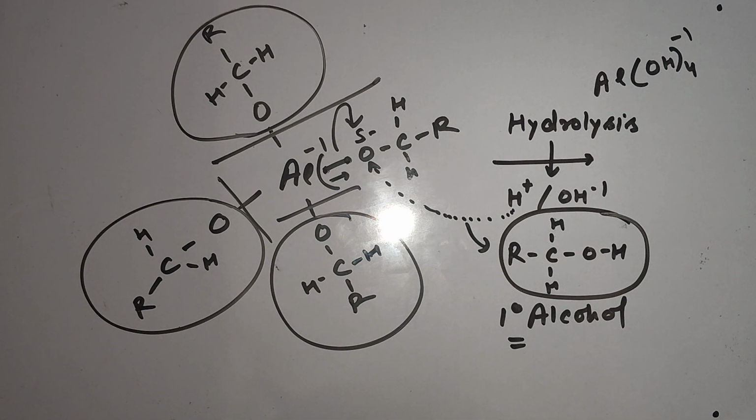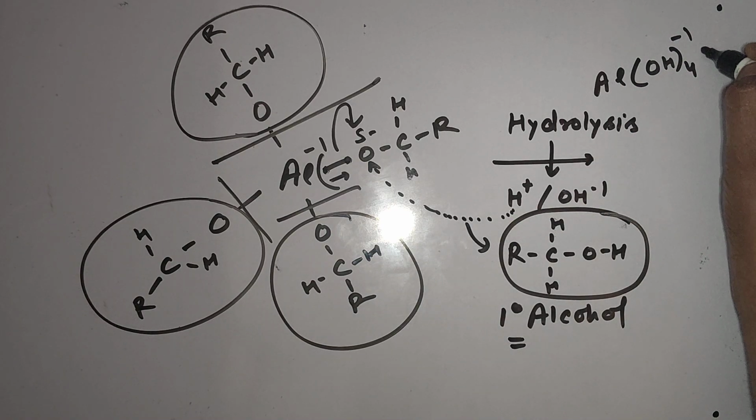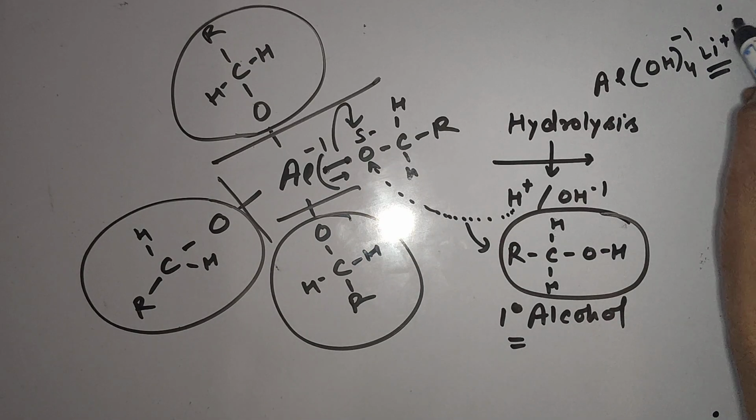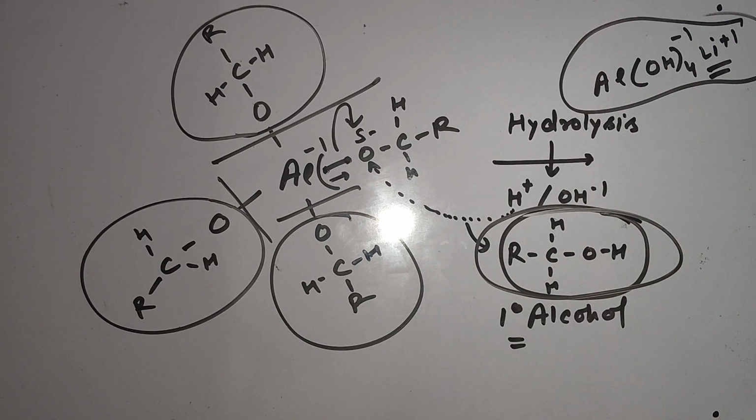This negative particle will be balanced by lithium positive. It is a side product. The main product will be our alcohol. 1 degree alcohols will generate here.